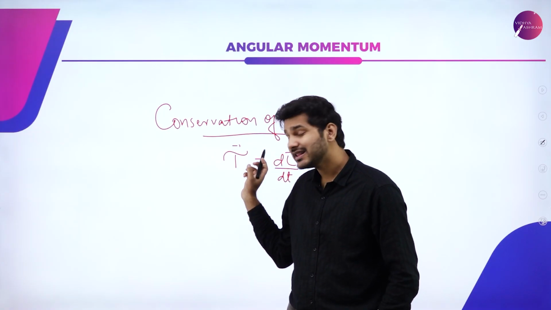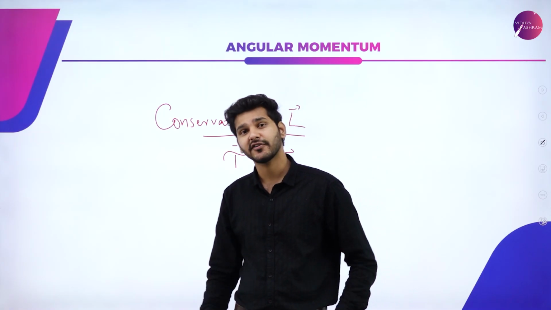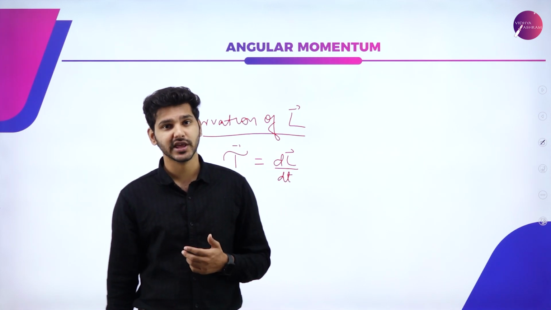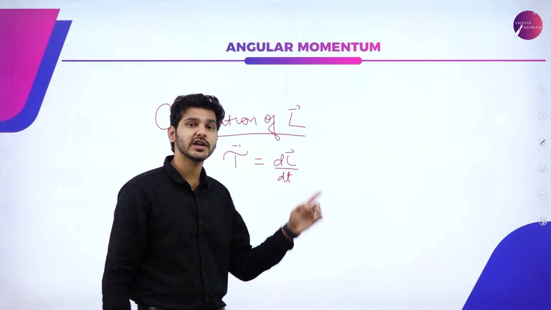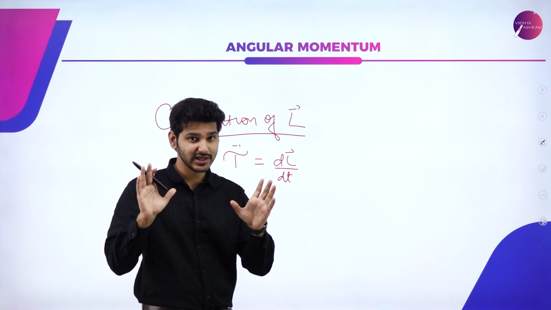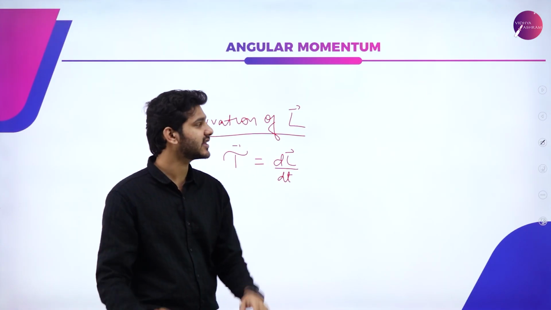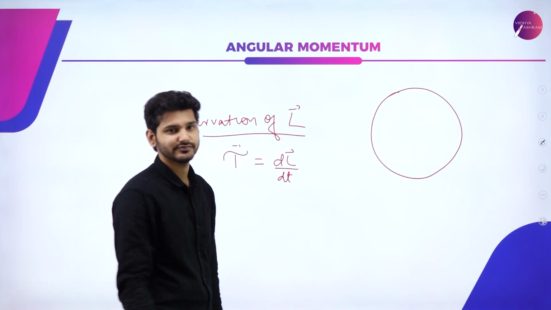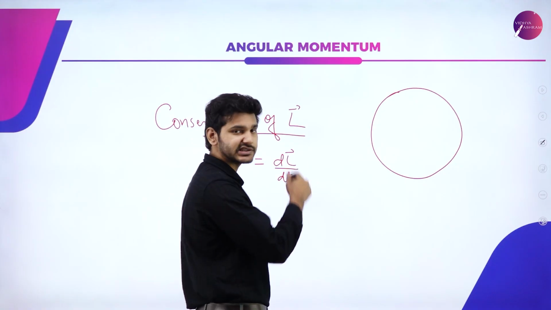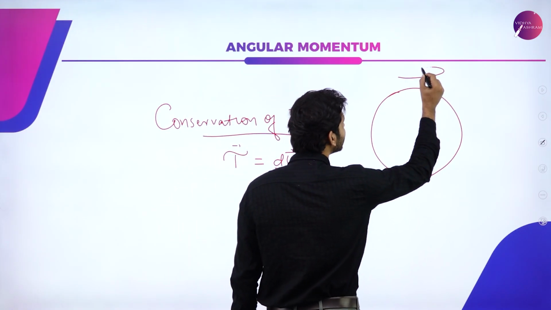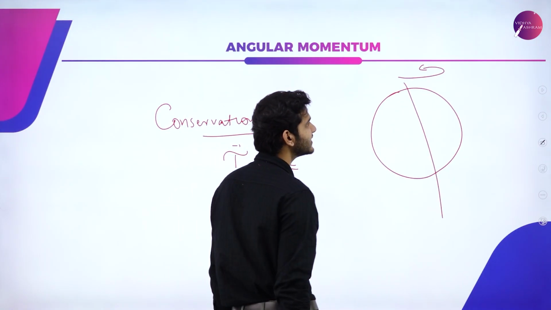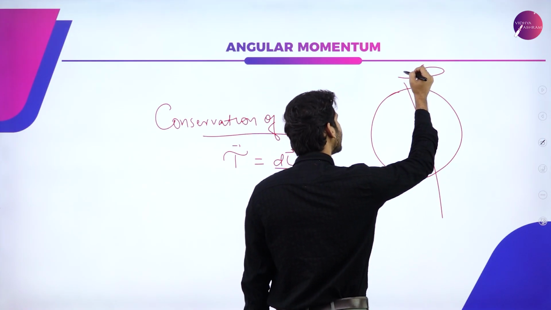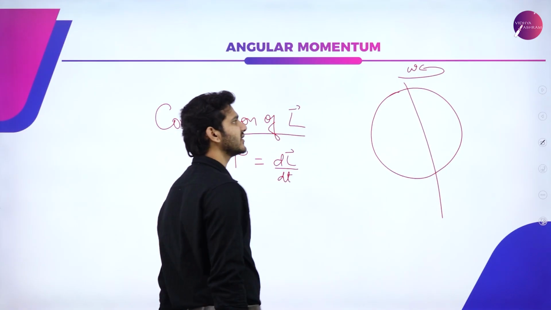But in the absence of an external torque, if I am not applying any force from the outside to spin that particular body, the angular momentum of the body should remain constant. Which means, if there was a body like this, let's say this is Earth, rotating about its axis with an angular velocity omega.